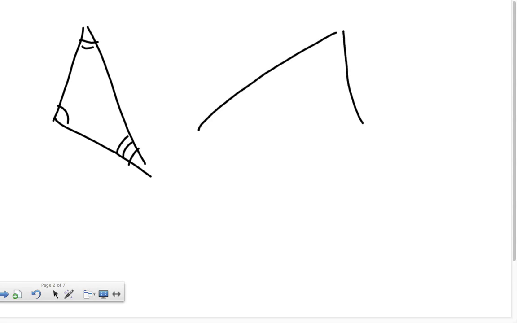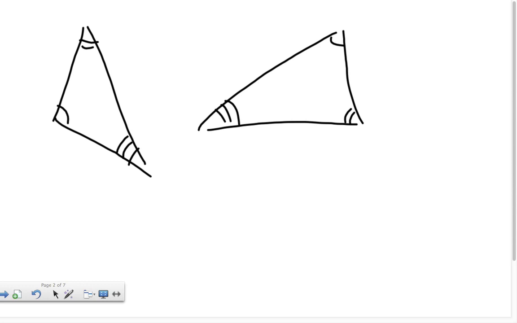the most difficult part about question number 6, we have triangles that look like this. John, focus please.